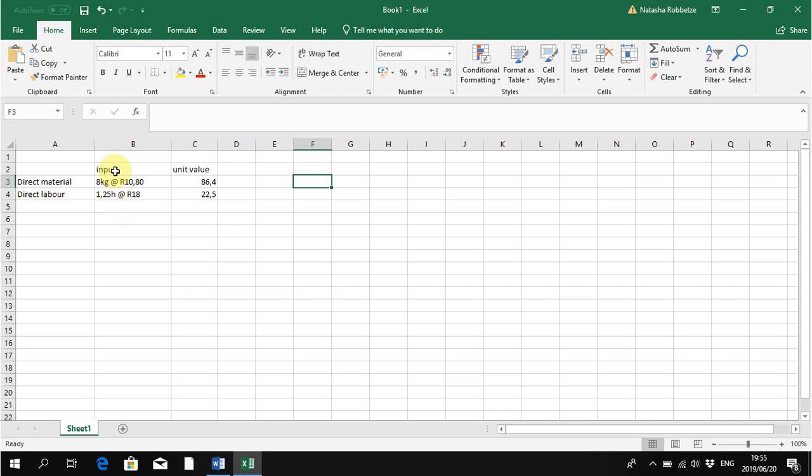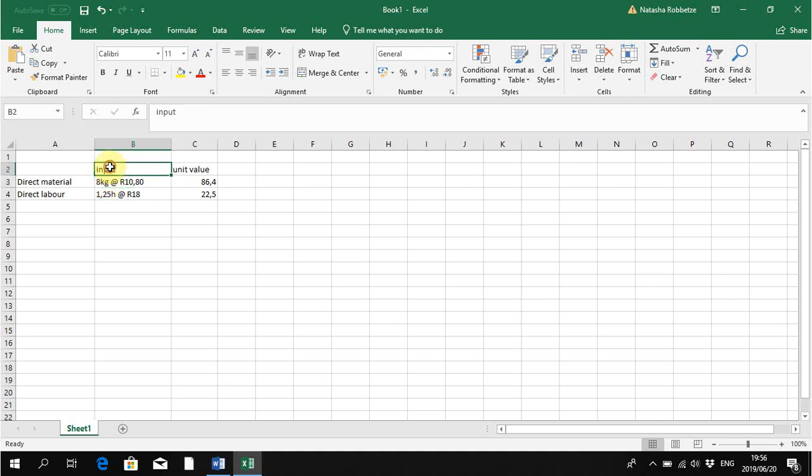So it's important to pay attention to the difference between a unit and an input. An input is anything that is measured in terms of a measurement type. So it could be an hour, a kilogram, a meter, a liter. Those are input types. A unit value is the total multiplication of the input information. So you take the type of input total times the input price, and that gives you the unit value.